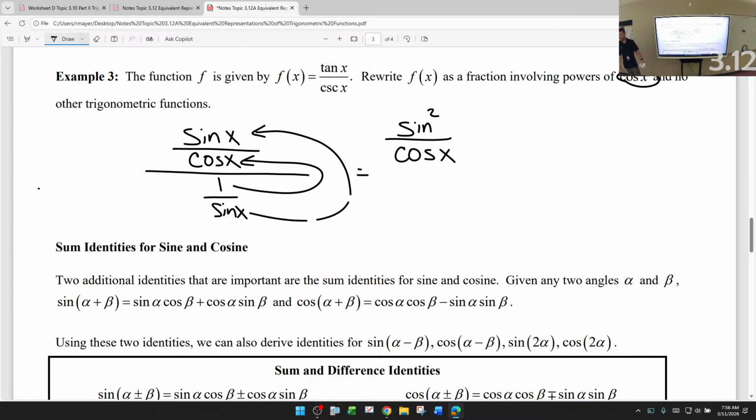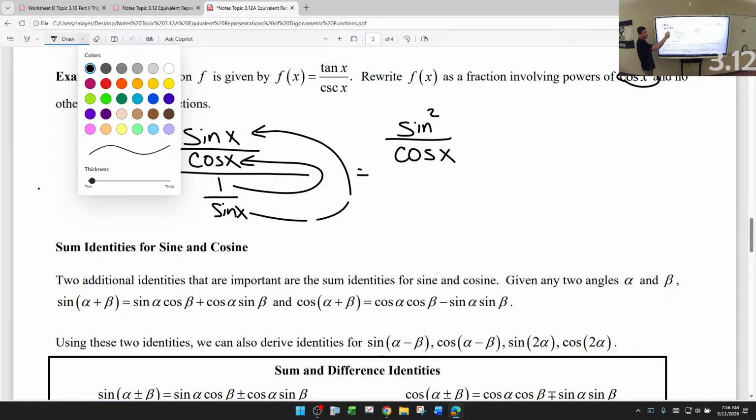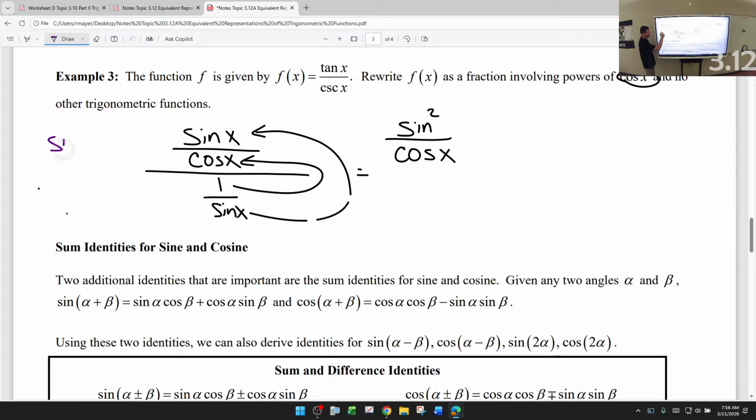And I could make this, let me just side note for a little bit. You don't write this down, just follow. I could make this sine over cosine. I know I dropped the x's. Y'all with me on that, right? And sine over cosine is tangent. So I could make it that.